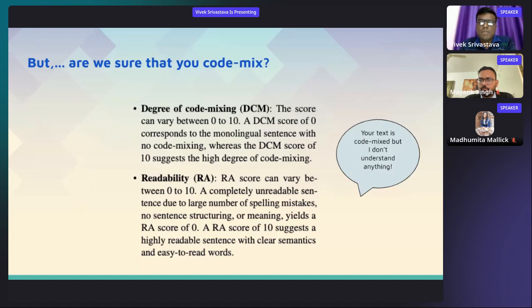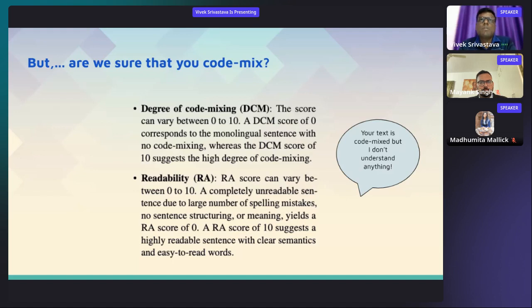The first one is the degree of code mixing, and it can range from 0 to 10. A DCM score of 0 says that the text under consideration is monolingual. If we move towards the other end of the scale and get a score of, let's say, 10, it says that we have a high degree of code mixing. We don't only look at the degree of code mixing, we also look at how readable the sentence is.